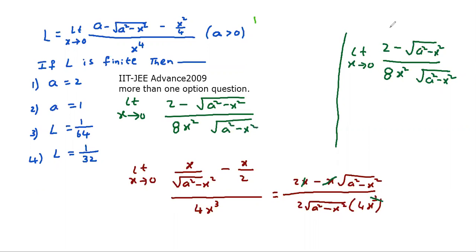Now multiply and divide by 2 plus root a square minus x square, by 2 plus root a square minus x square. Got it? Yes. So what is the next step?